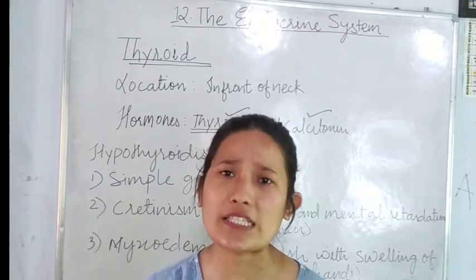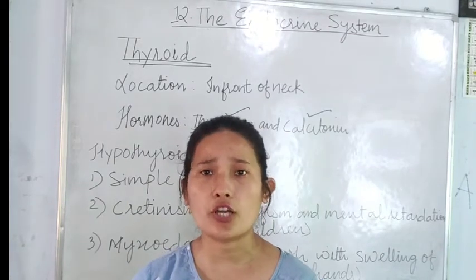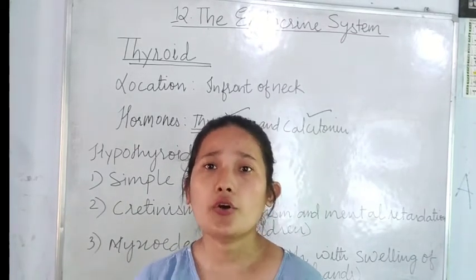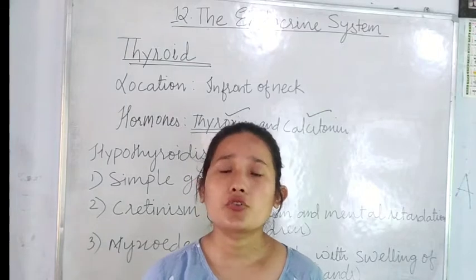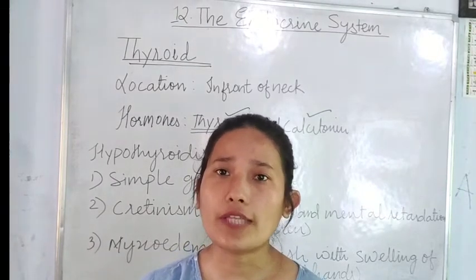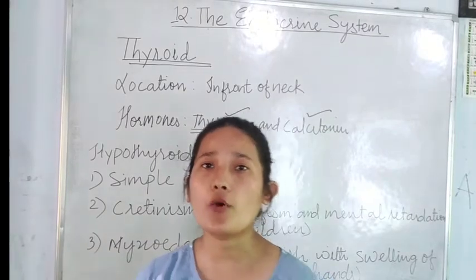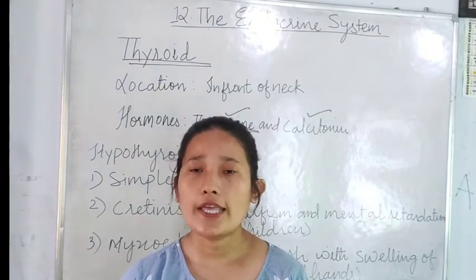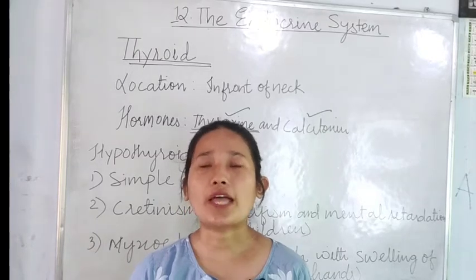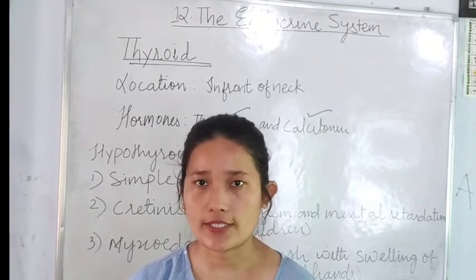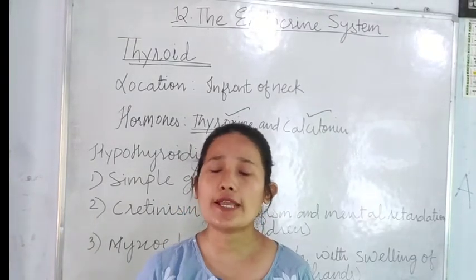Along with cellular respiration, that is being carried out by your thyroxine. Whatever the basic metabolic function is carried out within your body, your thyroxine has a role to play in it. Okay, now next hormone, that was calcitonin.